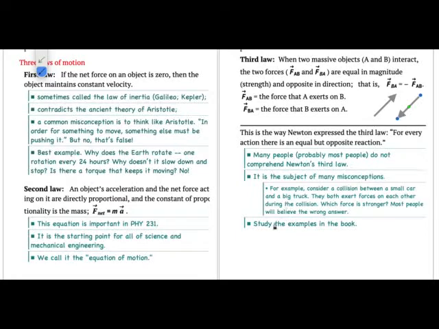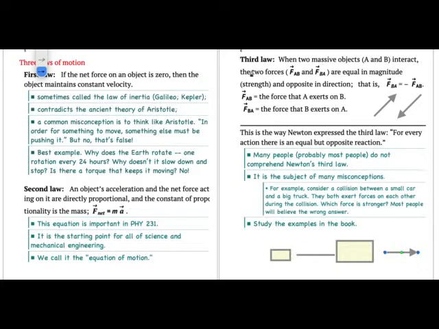Another good example is a tow truck. A tow truck, which is a big truck, is pulling a little car connected together by a chain. They start out at rest, then the tow truck accelerates forward, and the car gets pulled along.